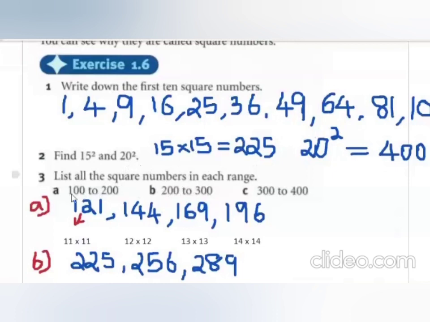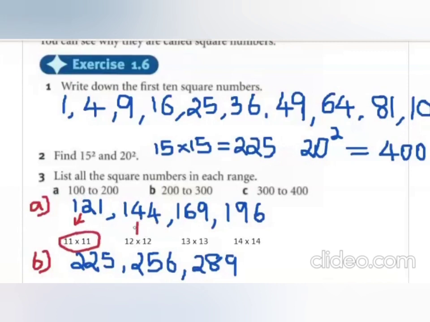We solve the square numbers in each range. They are asking to find the square numbers that lie between 100 and 200. So what are the square numbers that lie between 100 and 200? 121, because we can see that it is a multiple of 11. So 11 into 11 is 121. 12 into 12 is 144.